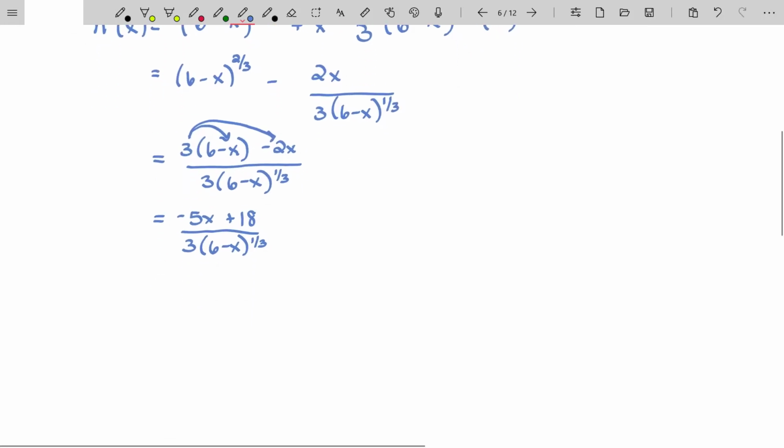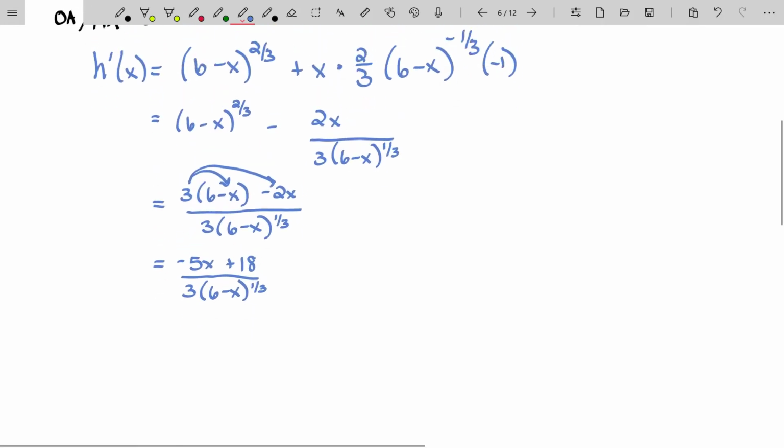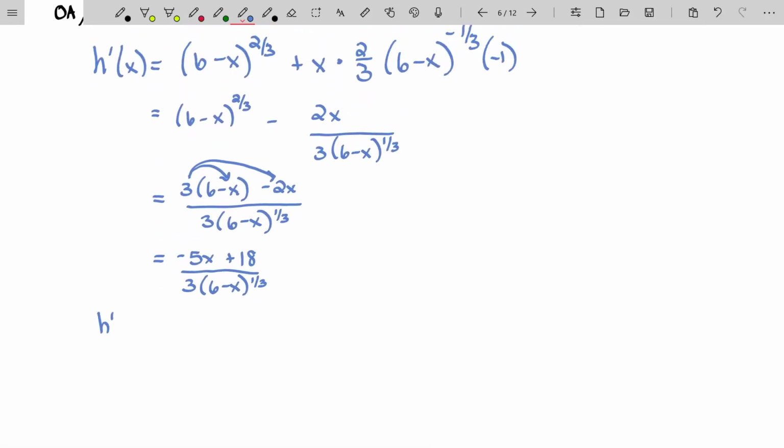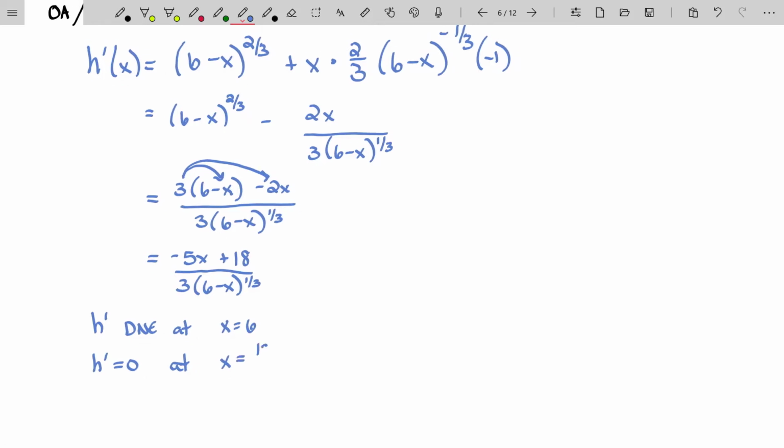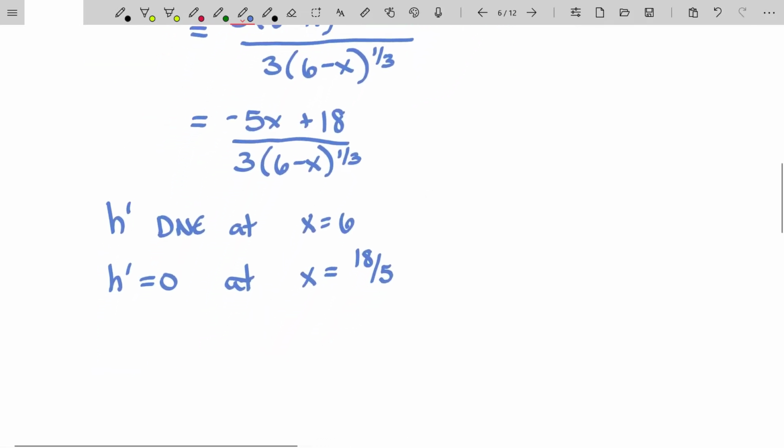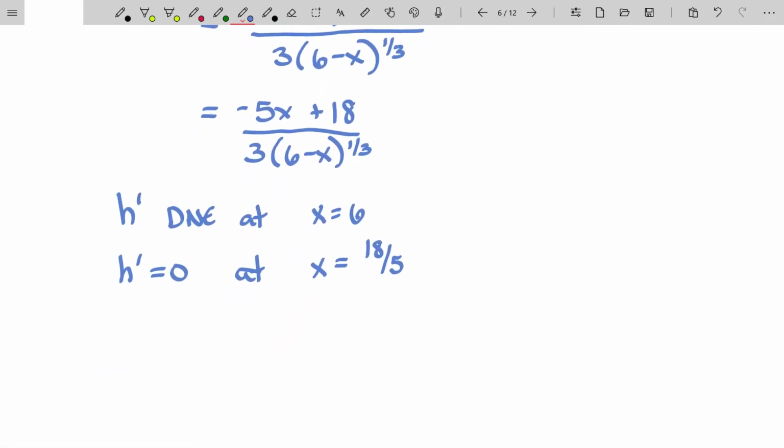All right, so let's talk about when this derivative does not exist. H prime does not exist at x equals 6, and H prime is equal to 0 at x equals 18/5. I'm assuming you can solve that, so I'm not really super concerned about it. We don't have symmetry.